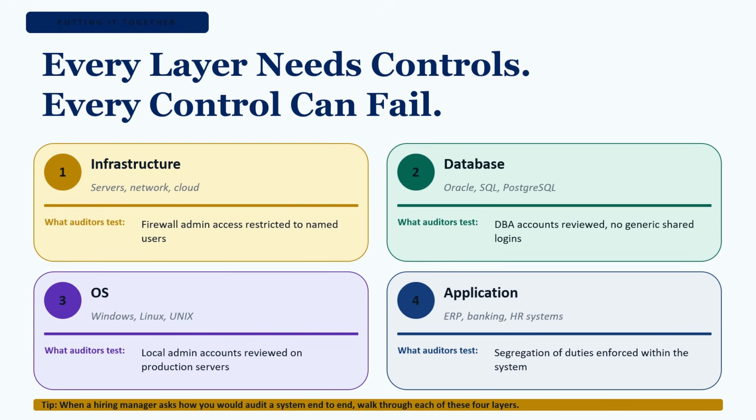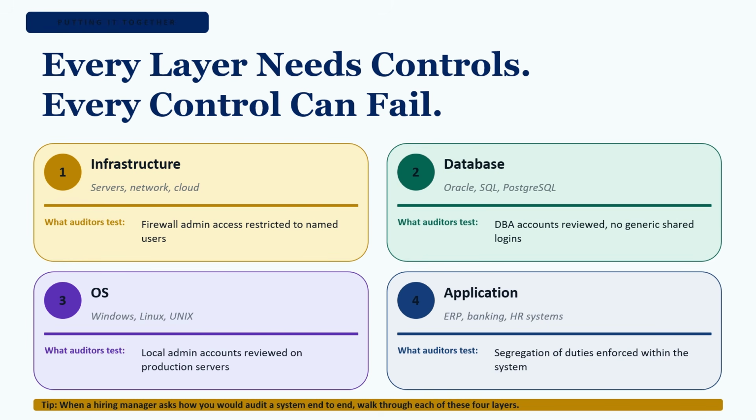Here's an interview tip I want to leave with you on this slide. The next time you go into an interview and a hiring manager asks you how you would audit a system end to end, walk them through these four layers. Start at the infrastructure, move to the database, come up to the operating system, and then complete it with the application. Explain what you look at for each of these layers.